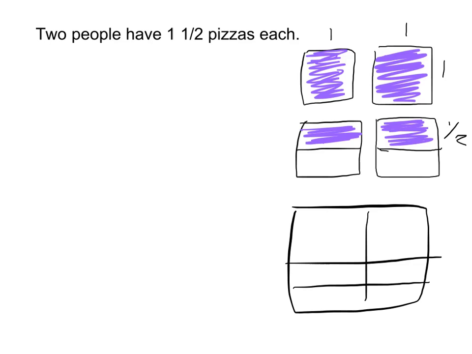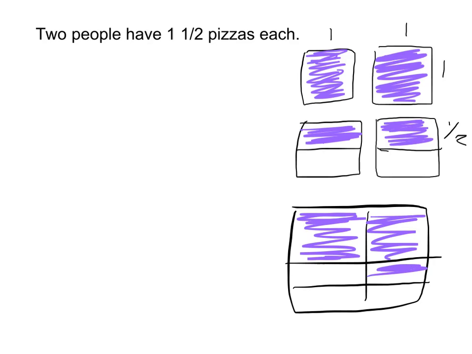Okay, so here's a diagram of all of our pizza. And if we're looking at calculating the area, the space we have in there, we want to multiply our length times our width, and we have a dimension of 2 on this side, and on this side our dimension is 1.5.